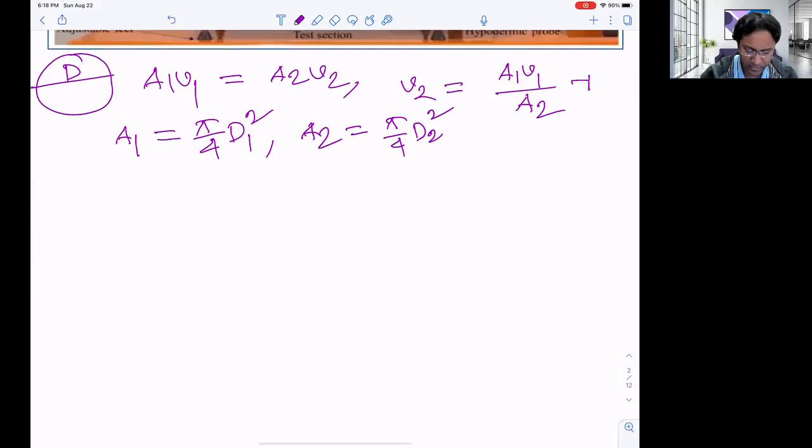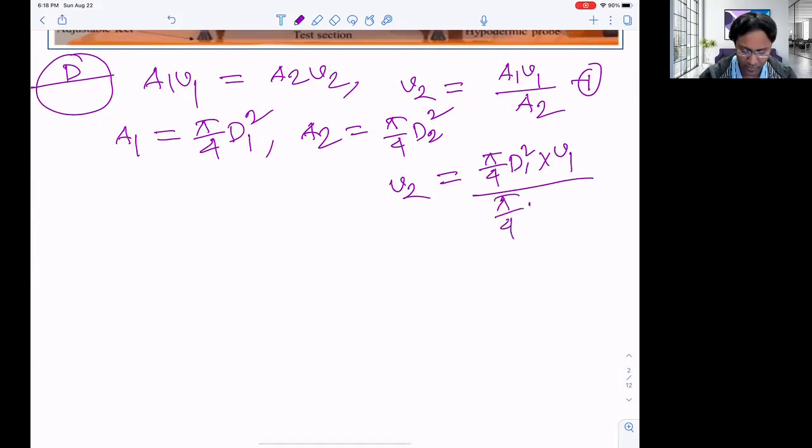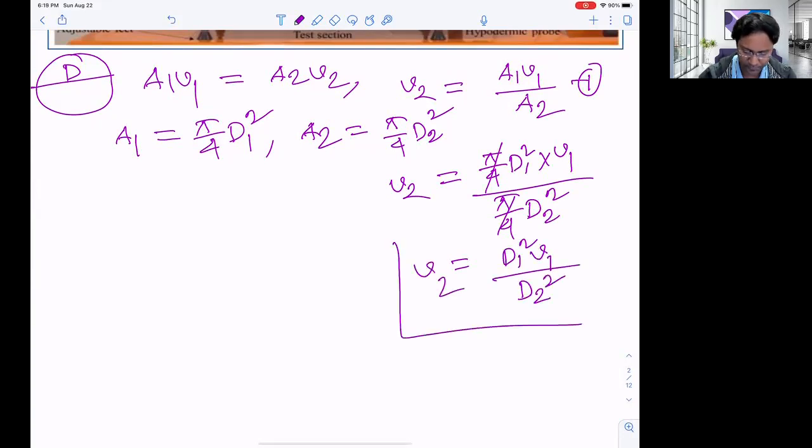From that equation number 1, we can write V2 is equal to pi over 4 D1 squared V1 over pi over 4 D2 squared. This pi over 4 and pi over 4 will be cancelled out. So we'll have D1 squared V1 over D2 squared. So V2 is equal to this one.